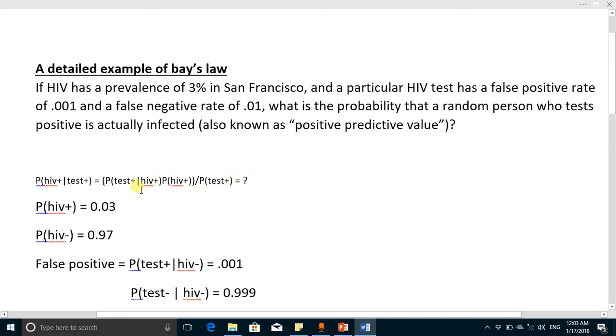To put values in this formula, let us get information from these statements, and let's write the historical data in elaborated form.